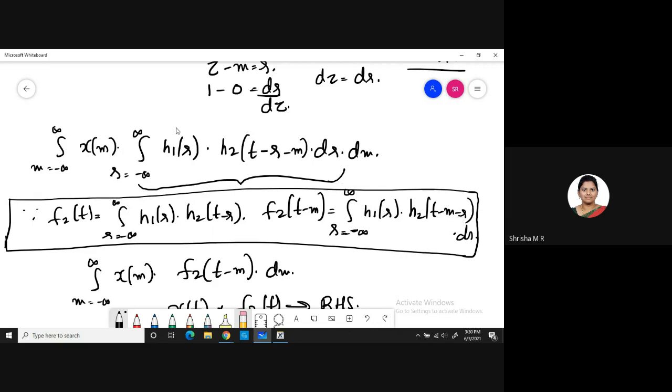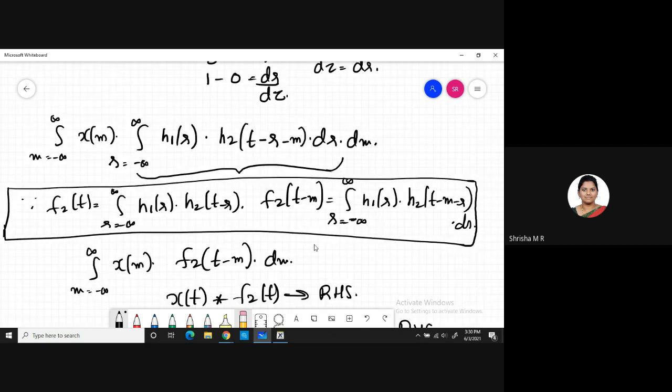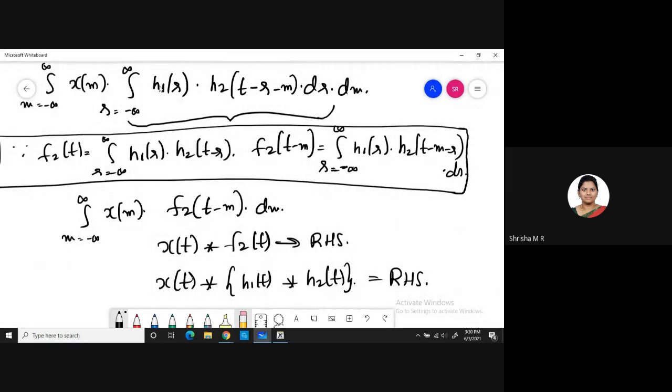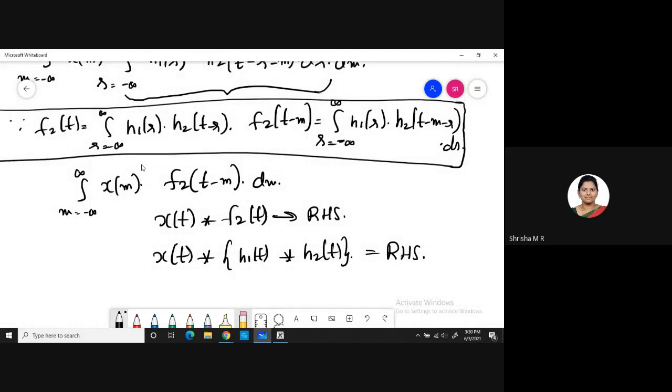This resembles this equation, which is f2 of t minus m. So we can write integral minus infinity to infinity x of m into f2 of t minus m into dm. Only this much is f2 of t minus m, and dm is as it is. So this is our convolution integral, x of t convolved with f2 of t, where f2 of t is h1 of t convolved with h2 of t. So this is our RHS. Clear, everyone?